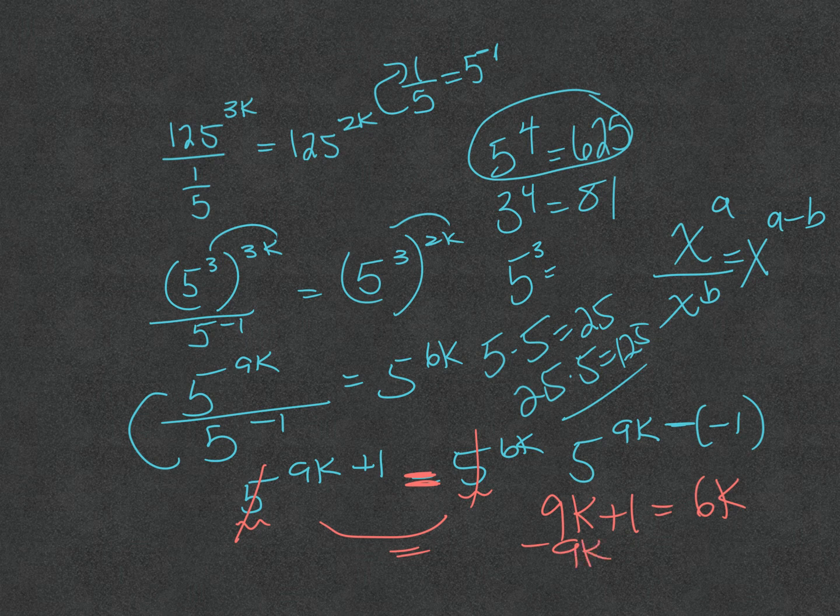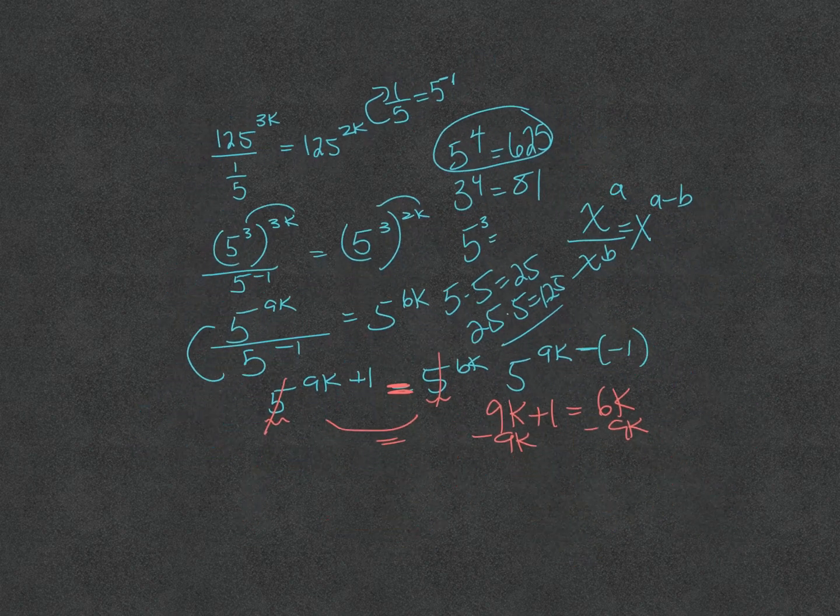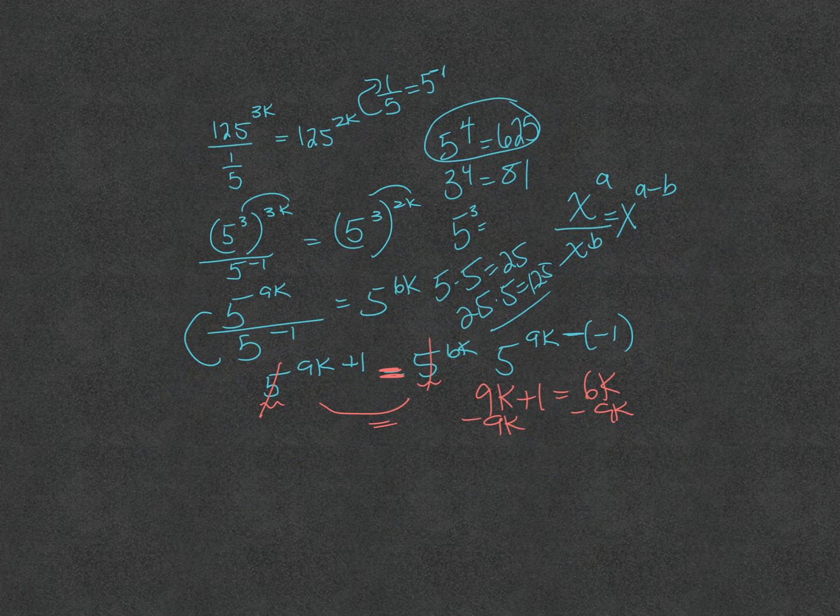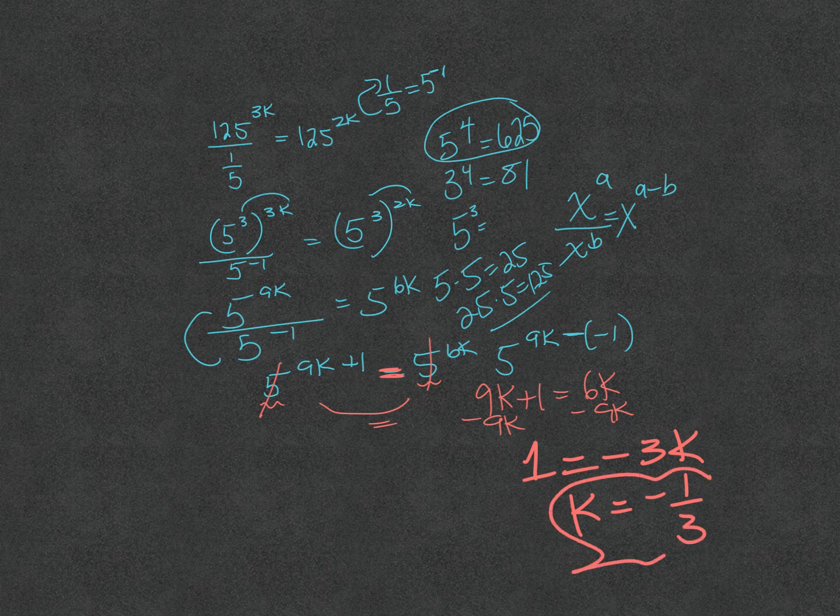Negative 9k, sorry, I don't have enough room. I'm going to bring this whole thing here. Okay, then I have 1 equals negative 3k, so k equals negative 1/3. And this is the value of my k.